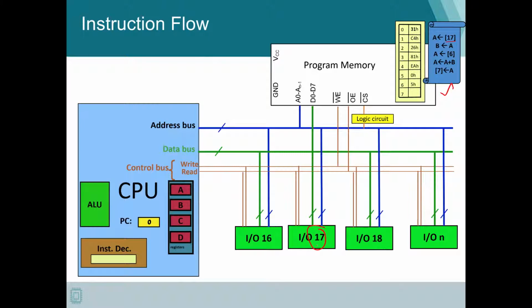So we take the value from 17 and bring it to A, and then we also need to move the value of A to B. Then we take the value in memory location 6 into A.